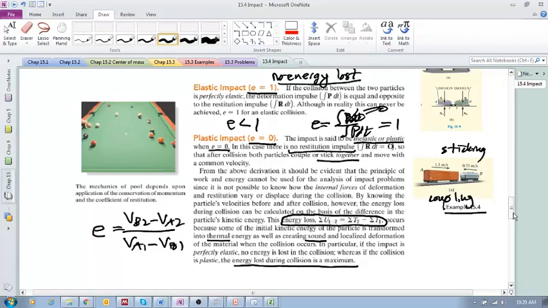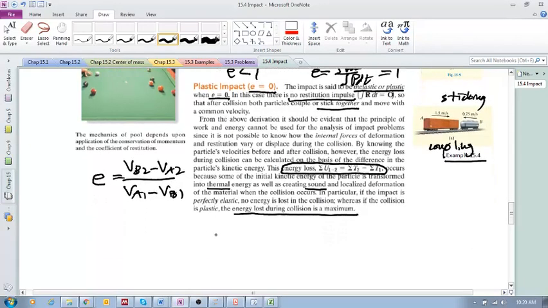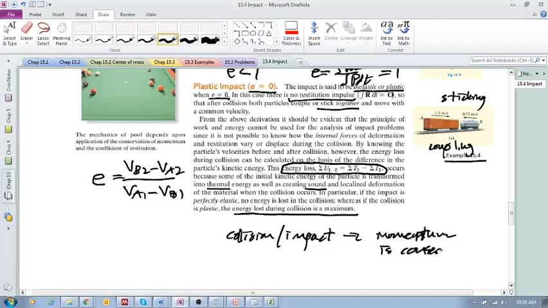So just to recap: whenever there is a collision or impact, what happens to momentum, guys? Momentum is conserved, always, because if two particles collide, those internal forces cancel out.